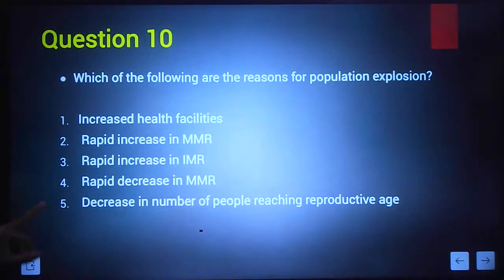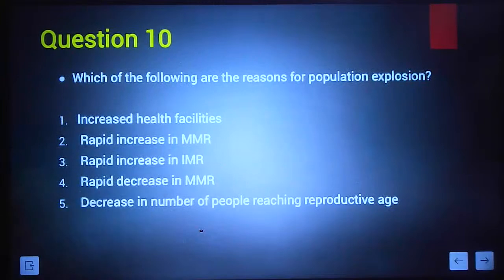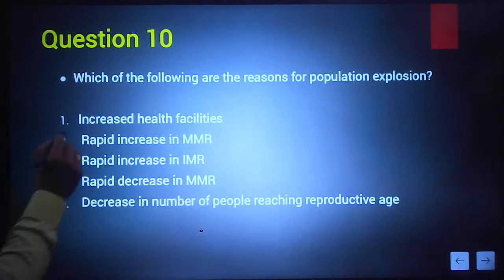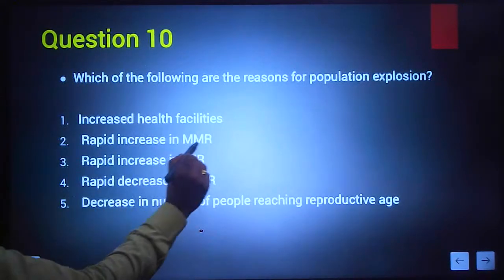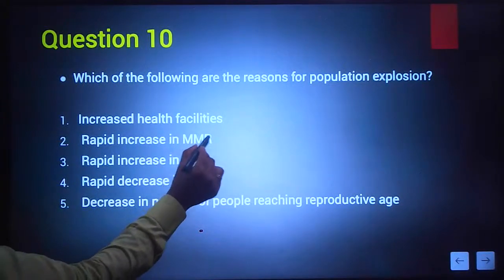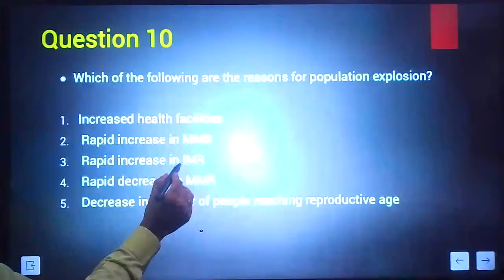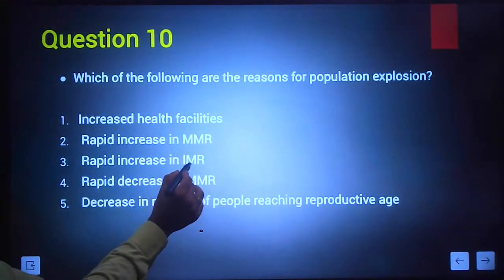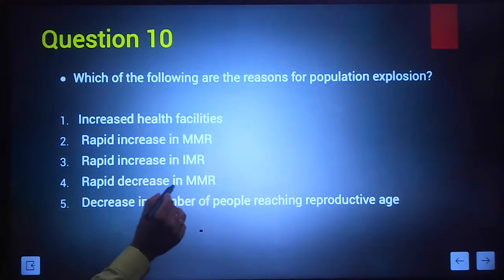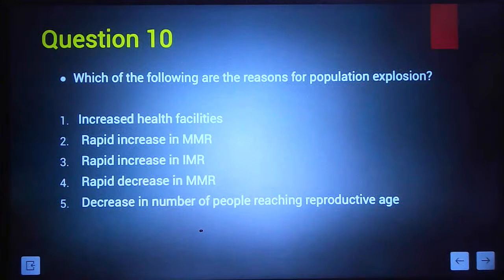Okay, the last question. Which of the following are the reasons for population explosion? Increased health facilities, rapid increase in maternal mortality rate, rapid increase in infant mortality rate, rapid decrease in maternal mortality rate, decrease in the number of people reaching reproductive age.